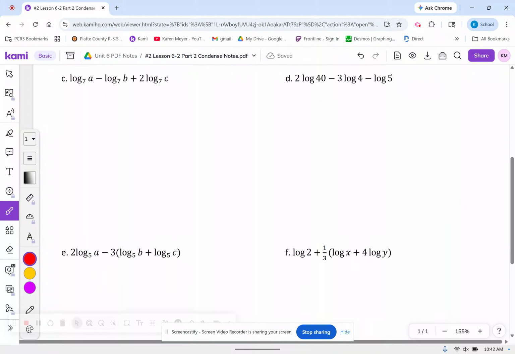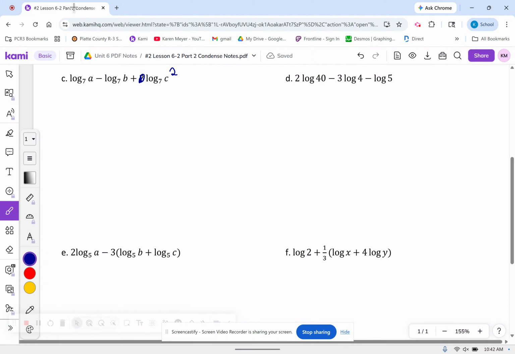All right, C. For this one, the only one that has a number in front is the last one. So that's going to become a c to the 2nd. So I'm going to get rid of the 2 in front by putting it up as a power.